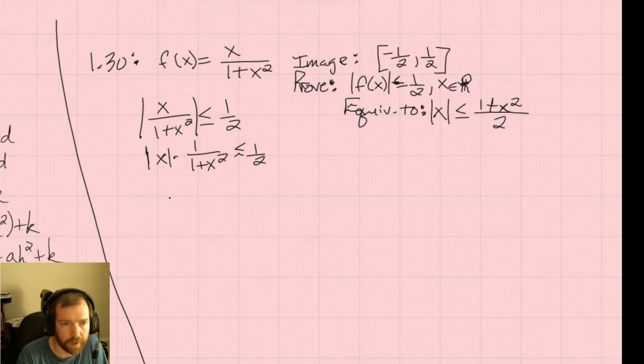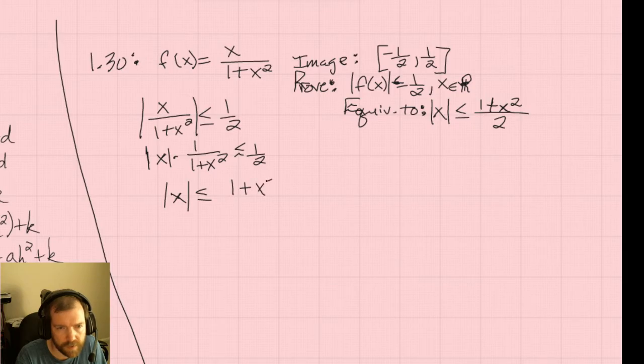Technically I didn't do it yet, but whatever. The absolute value of x is going to be less than or equal to 1 plus x squared all over 2.